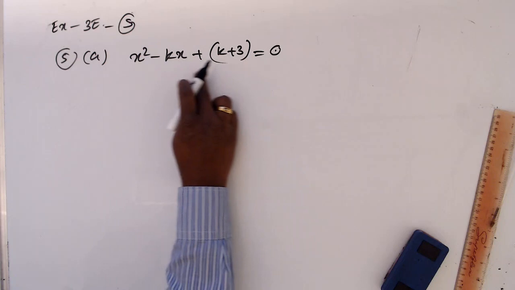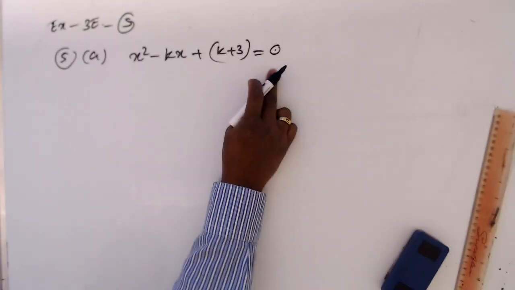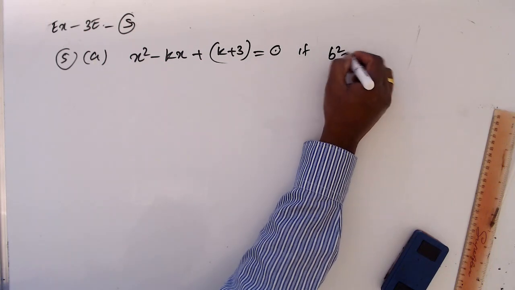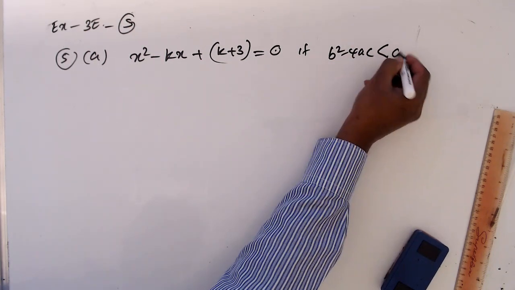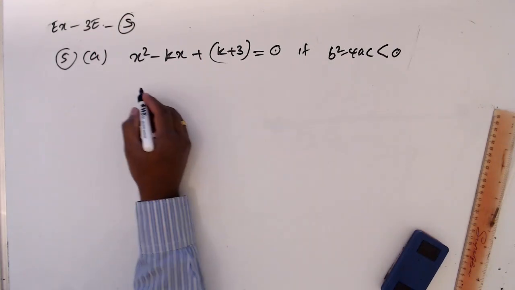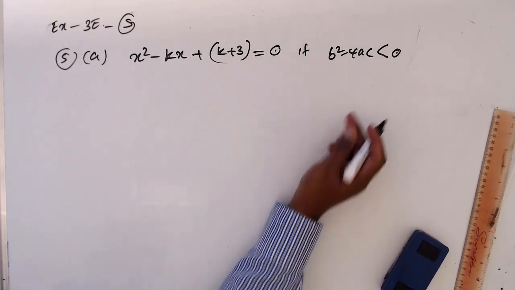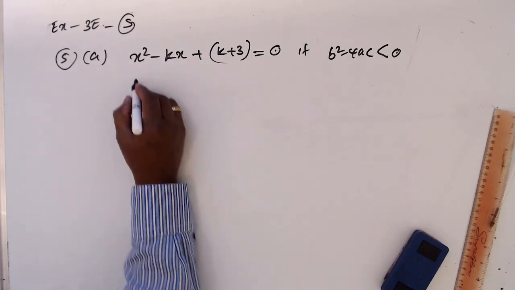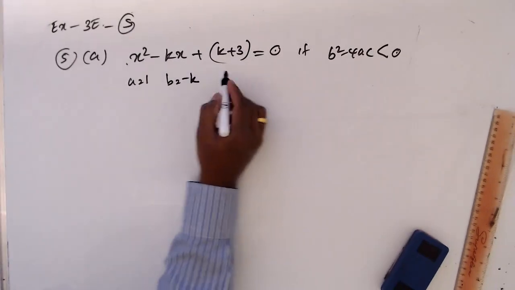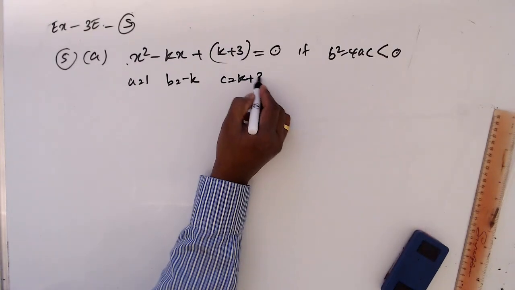This equation has no real root. What is the requirement? If b square minus 4ac less than 0. So we'll work out b square minus 4ac. A equal 1, b equal minus k, c equal k plus 3.